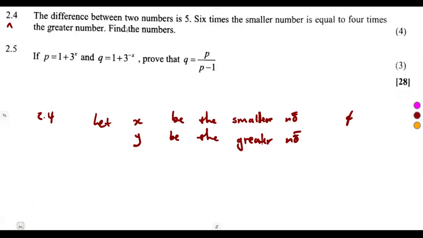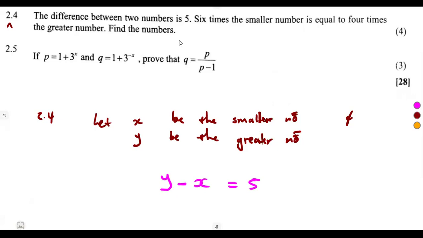The difference between two numbers. So definitely to get a positive 5, it must be greater or bigger number minus smaller one. To have a difference of 5, positive, it must be greater minus smaller. So that's what you're told there. Bigger value or the greater value minus the smaller one. We are supposed to get a 5 because, guys, it's a positive value.